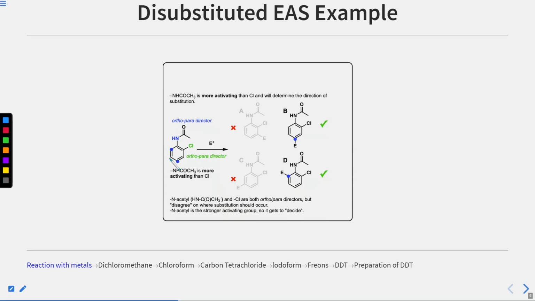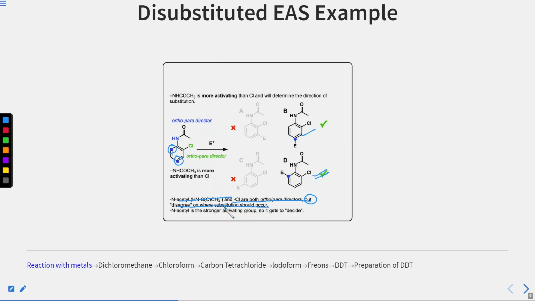Therefore, we will only consider the ortho and para positions of NH. Now, since one is already occupied, we are left with two, so this one and this one. So the product will accordingly have both of these occupied. It's the same thing written here: the N-acetyl and chlorine are both ortho-para directors, but disagree on where the substituent should occur.